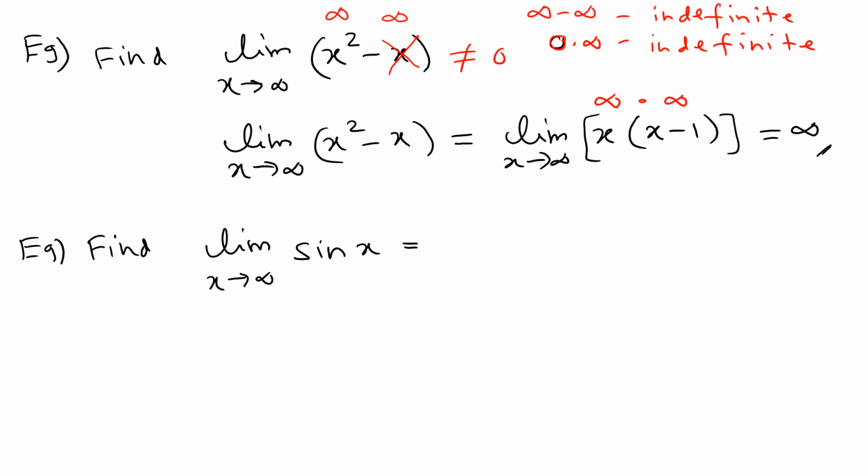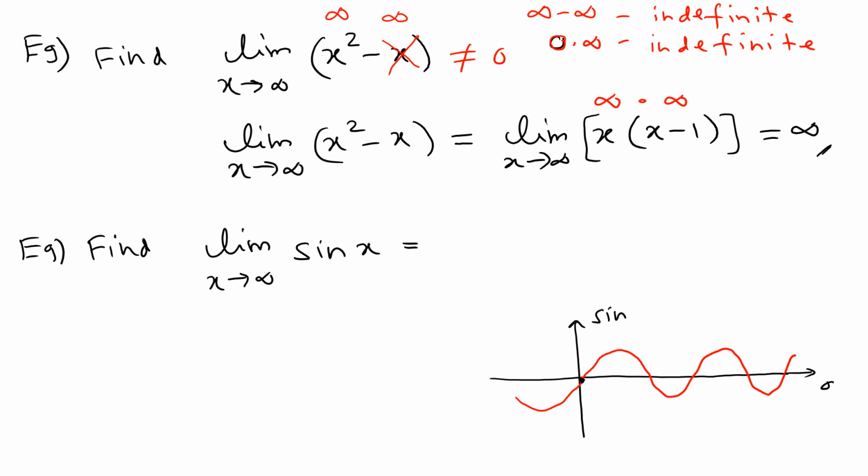If you look at the graph of sine, the sine graph fluctuates indefinitely. It's going to go like that, passing through 0. It doesn't get close to any particular value. You can see that it just fluctuates. So that means this limit does not exist. The infinite limit doesn't exist.